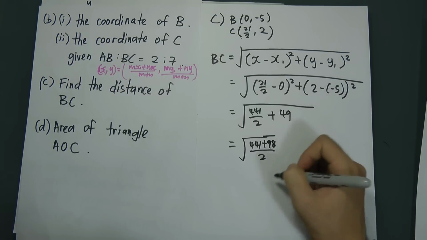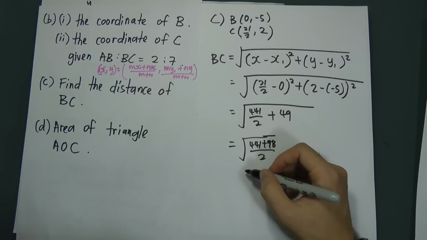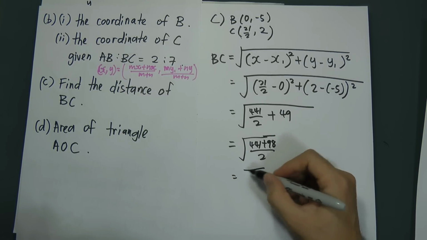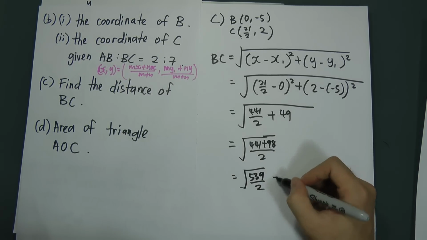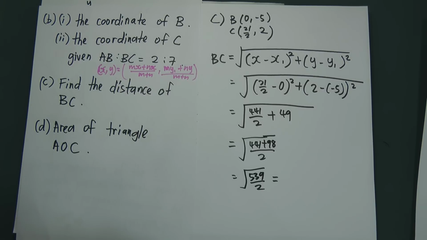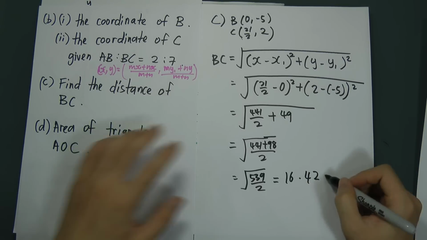I make this one have the same denominator, so the square root of 441 over 4 plus 196. Then we will got square root of 539 over 2, and the square root answer is 16.42 units.